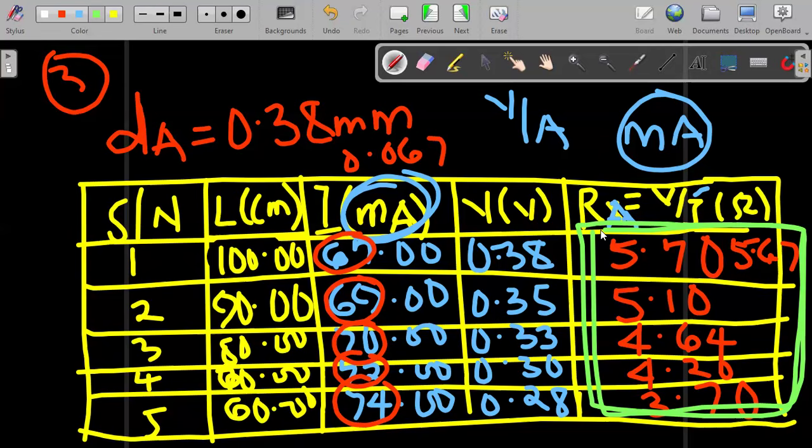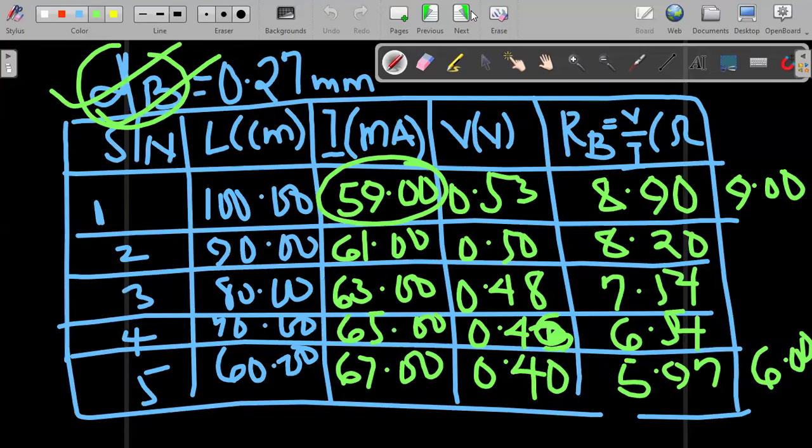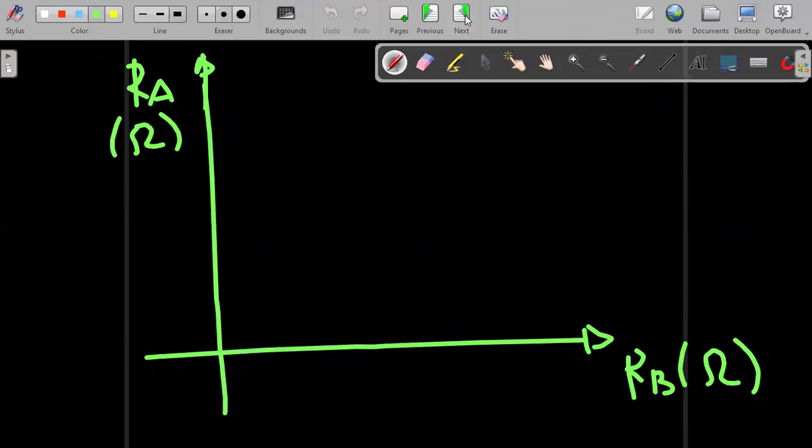3.7. And like I said, for R_B, the highest value, let's take it as 9, and the lowest value, let's take it as 6. Are you seeing it? That will determine how you will take your units. Like I said, always use 2 centimeters.